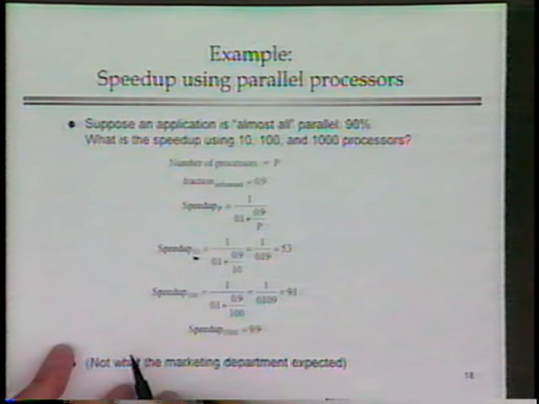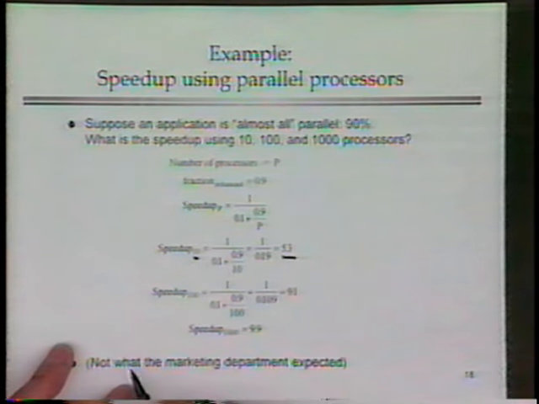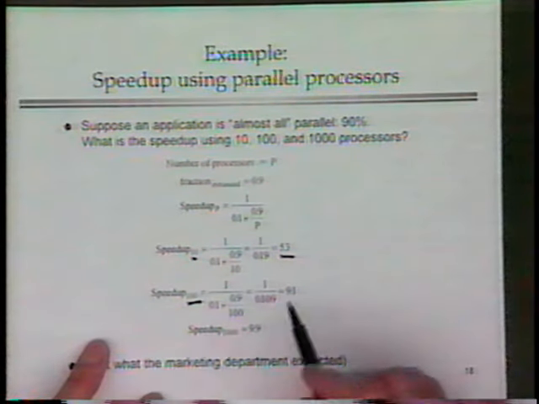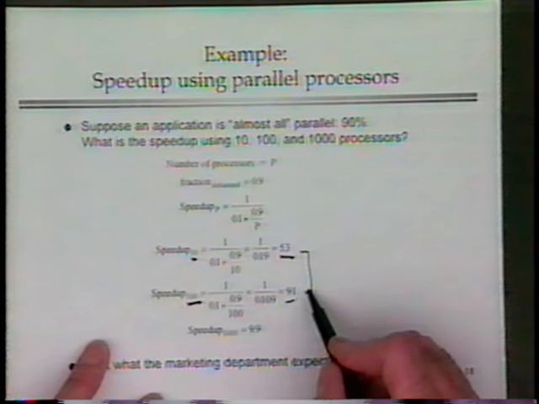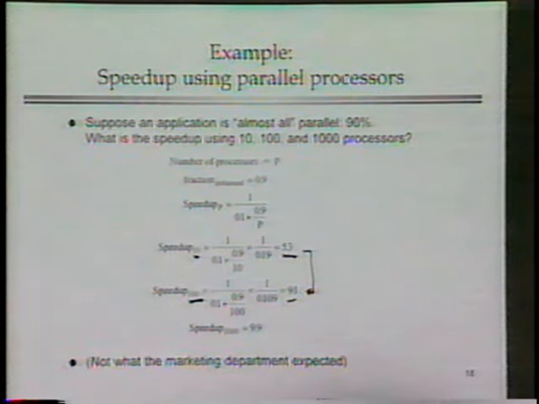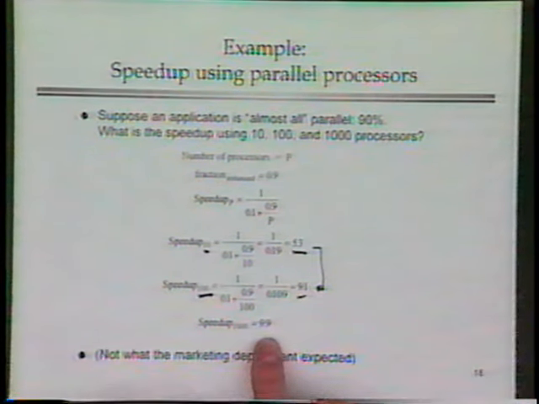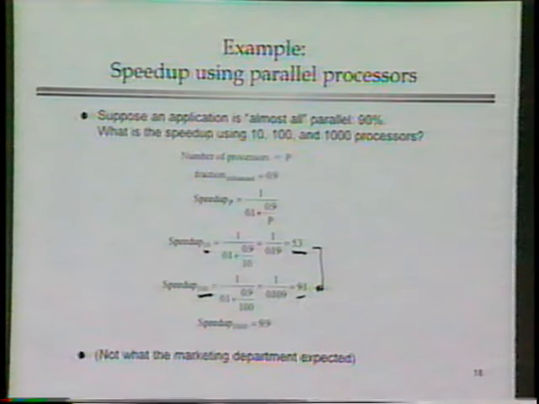It says that if you use 10 processors, you get a 5 times speedup. Not a factor of 10, but not so bad. But if you use 100 processors, 10 times as many processors, you don't even get a factor of 2. You've sped up from 5.3 times to 9.1 times. And if you use 1,000 processors, you only get barely a factor of 10 speedup.